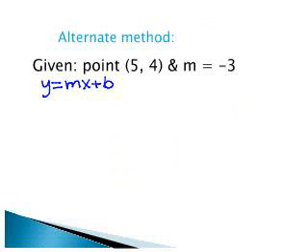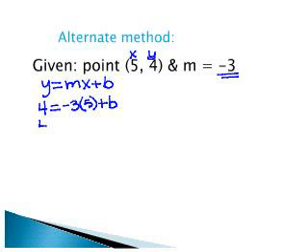Since this is the most familiar form of a line, you are able to plug into this using x as the 5, y as the 4, and again your slope is -3. So if we plug that in, we get 4 is equal to negative 3. Remember, when plugging in numbers, we're going to use parentheses, times 5 plus b.